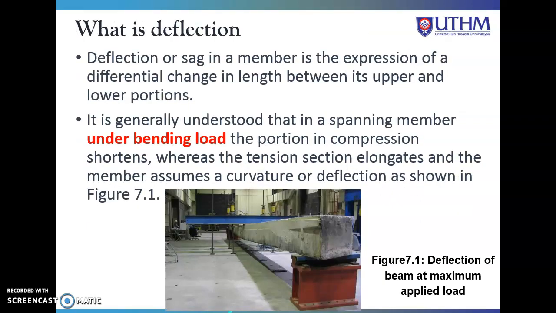Bila berlakunya deflection, apa yang terjadi sebenarnya? Dia akan menyebabkan crack. Crack ni akan menyebabkan kita punya wall ataupun ceiling ataupun concrete floor slab ada lubang-lubang, ruang untuk air masuk.